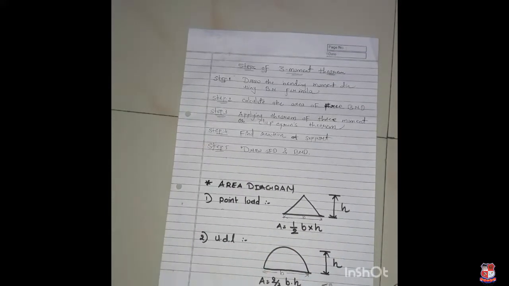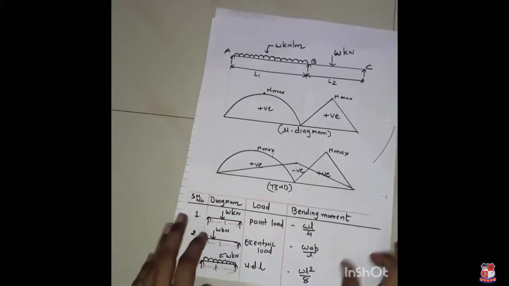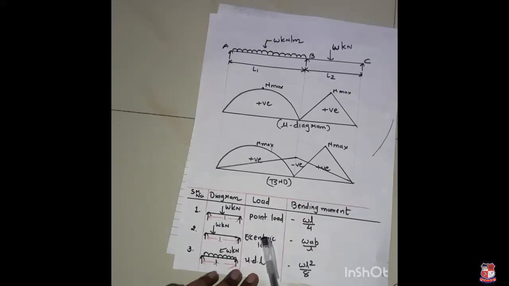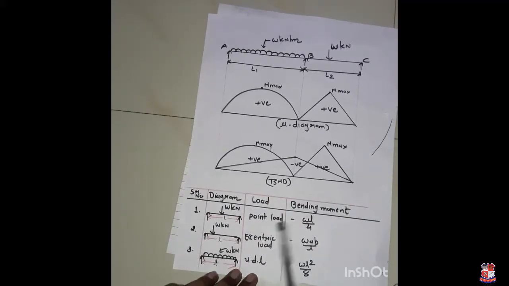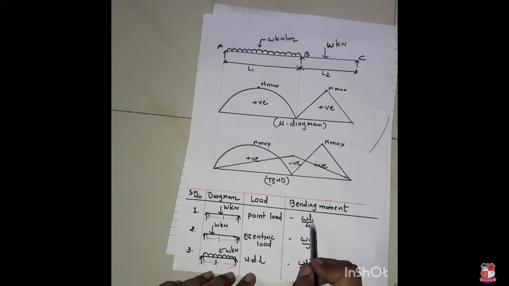So here, the bending moments for the point load, eccentric load and UDL are different. The point load gives bending moment WL by 4, where W is the load value and L is the span of AB, or you can say the span of the beam.